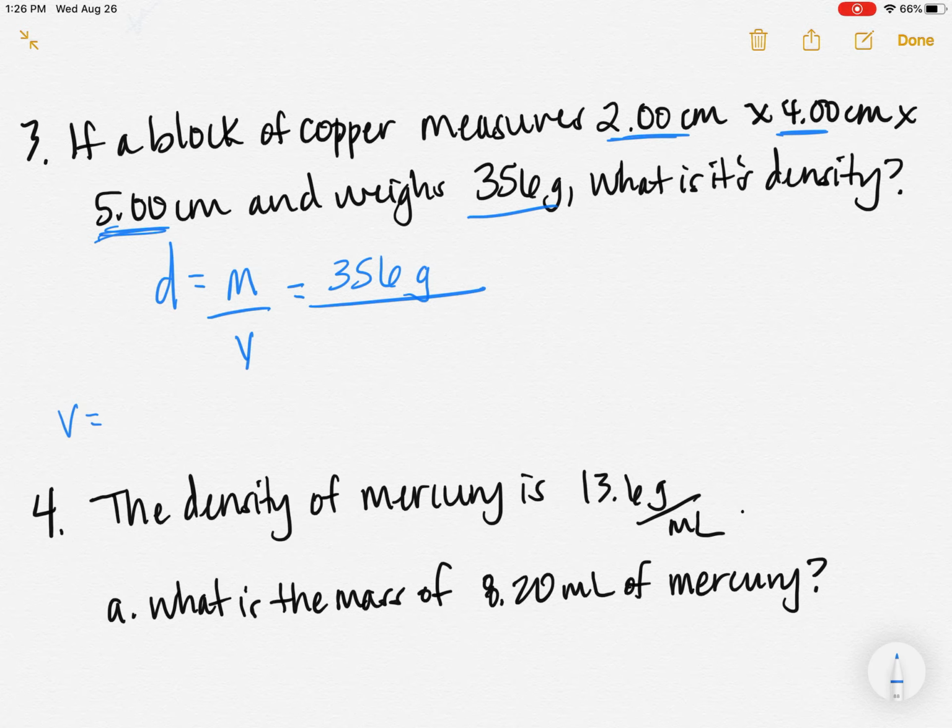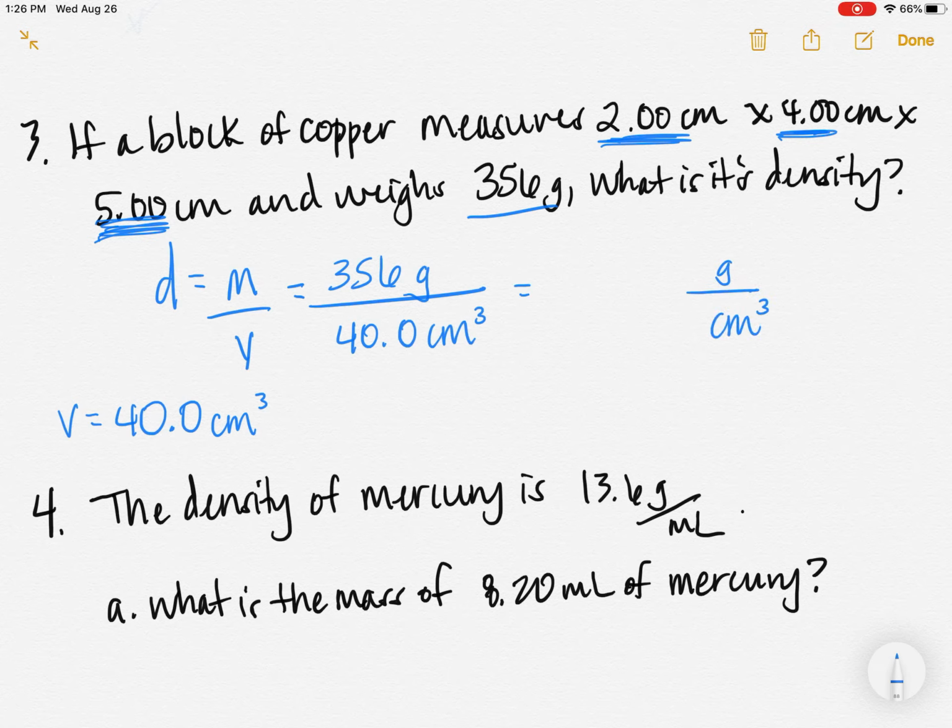So 2 times 4 is 8, times 5 is 40. However, let's keep sig figs in mind. 3 sig figs, 3, and 3 means my volume should be 40.0 cubic centimeters. No units cancel, leaving me with grams per cubic centimeter, and that makes sense because this is a density.